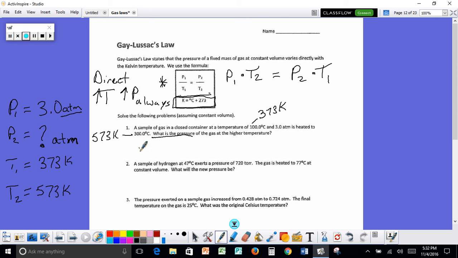So setting up our equation, P1, we have 3 atmospheres times T2, 573 Kelvin, is equal to P2, which is our unknown, times T1, which is 373 K. Now divide both sides by 373.